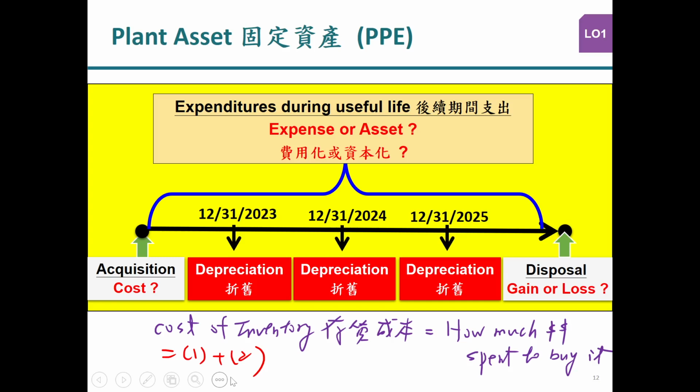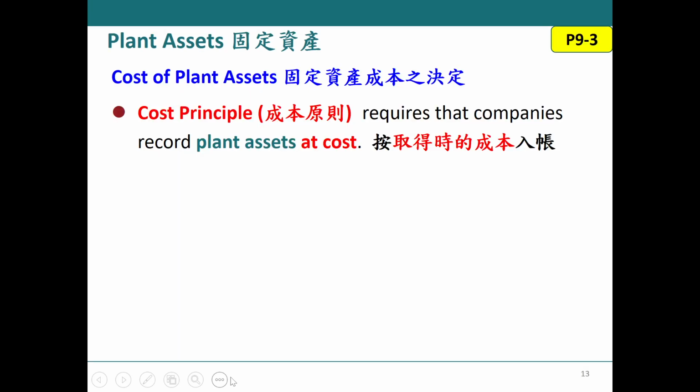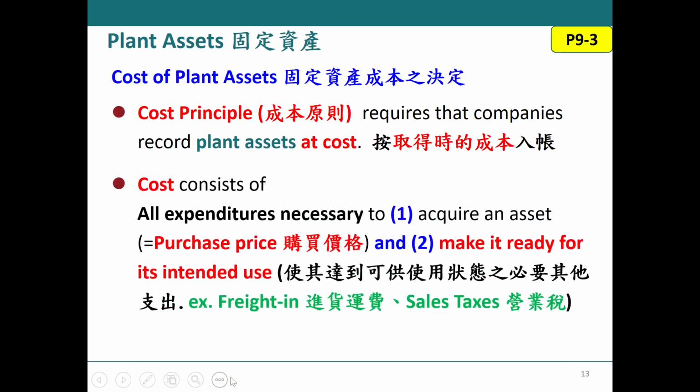Totally the same. If you understand it, you understand our first issue. So how to determine the cost of your PPE? 1 plus 2. What's 1? Purchase price. What's 2? Make it ready for use, not sale. Because remember, PPE is for use, not for sale.